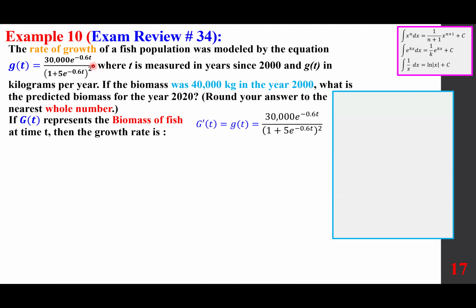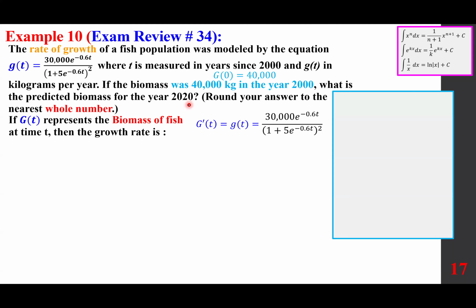And because we are dealing with the year 2000 and then what happens in 2020, this will be our initial value. G of 0 is 40,000, meaning the year 2000 corresponds to 0. So for example, the year 2005, then it's 5 years later, t is 5. 2010, t is 10, 2020, t is 20, and so forth.